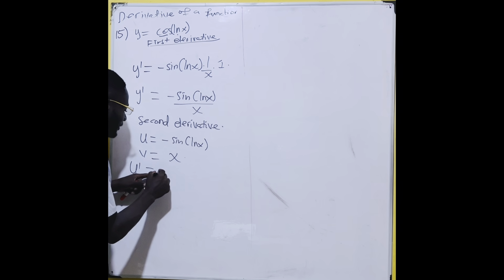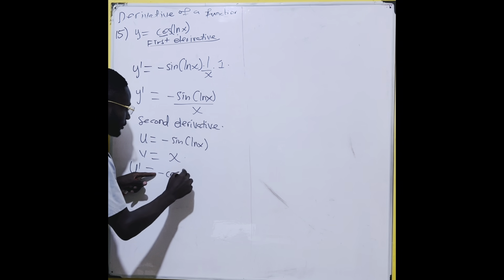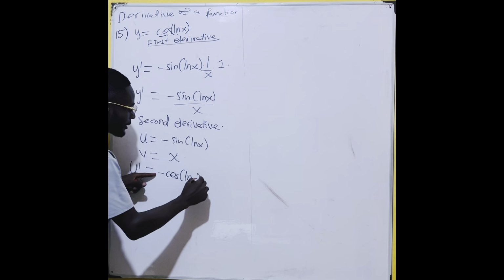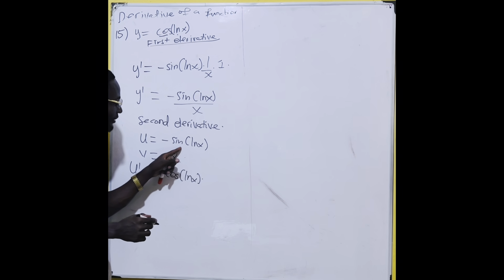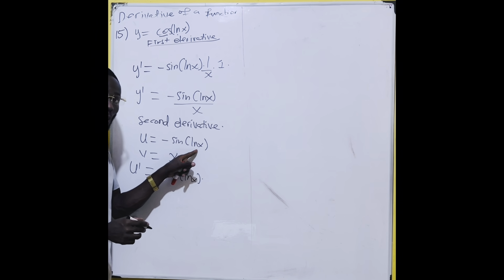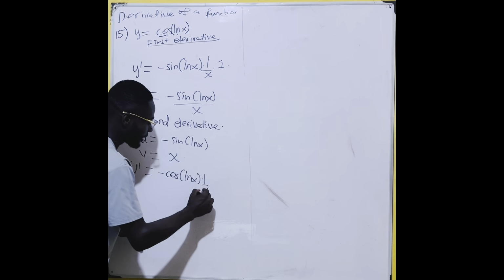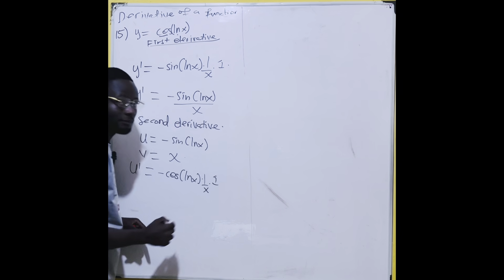So we're going to have negative cos of ln x times we differentiate the function inside the ln, and that is 1 over x. So we have 1 over x times 1.